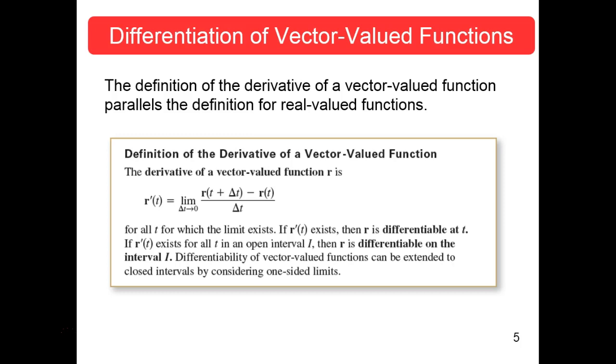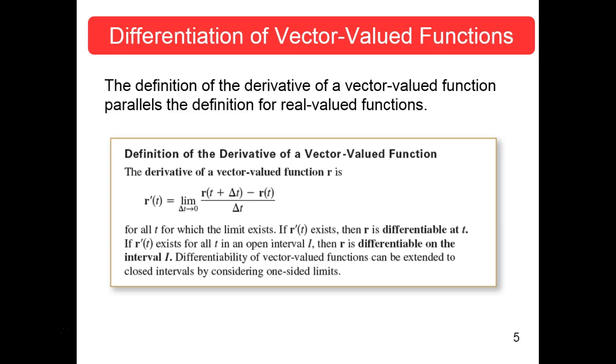For all values t for which the limit exists. If R prime of t exists, then R is differentiable at t. If R prime of t exists for all t in an open interval I, then R is differentiable on the interval I, and differentiability of vector value functions can be extended to closed intervals by considering one-sided limits.